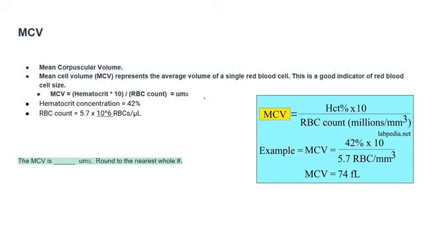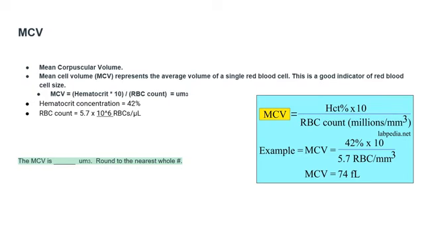The next calculation that you need to do for blood physiology is MCV. MCV means mean corpuscular volume, which is the factor showing the red blood cell size.